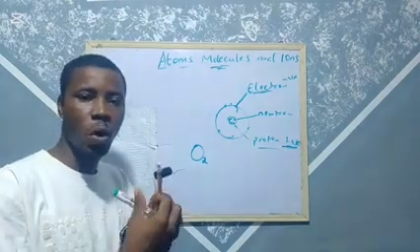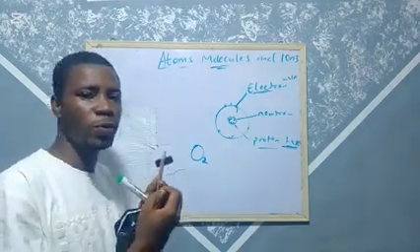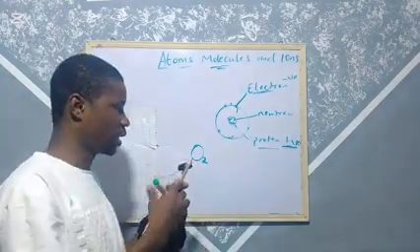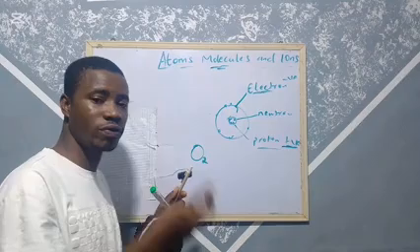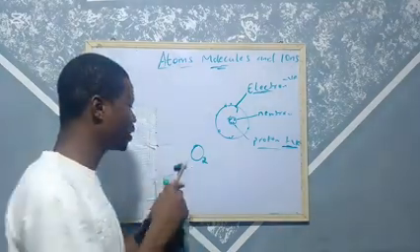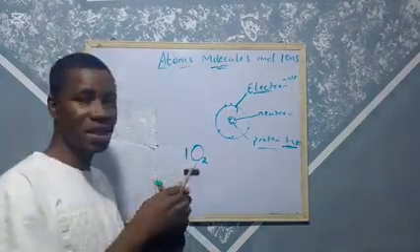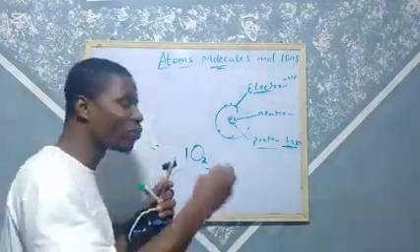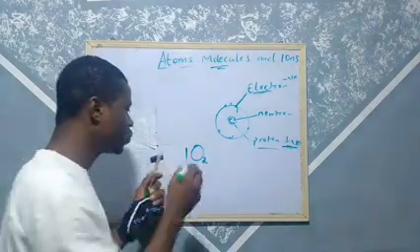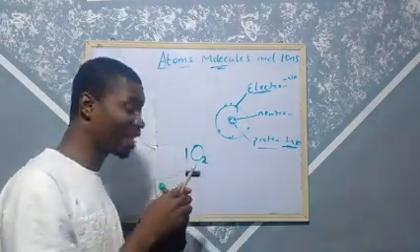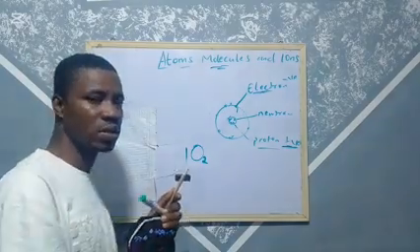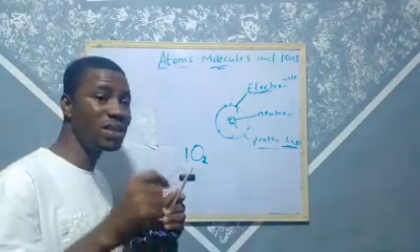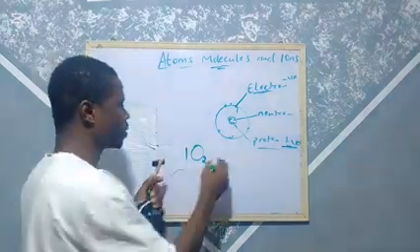A combination of atoms forms a molecule. This oxygen comprises 2 atoms, so this is one molecule of oxygen, formed by the combination of 2 atoms of oxygen. These 2 atoms of oxygen, that's what we call the atomicity.